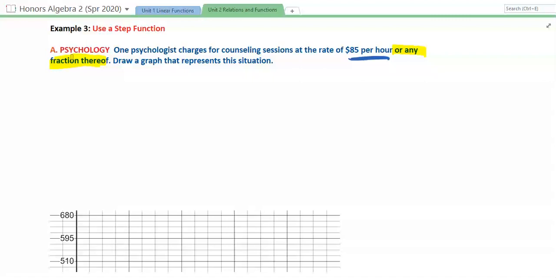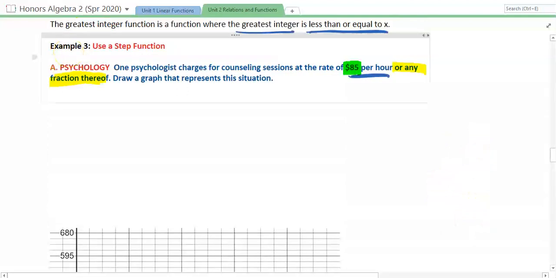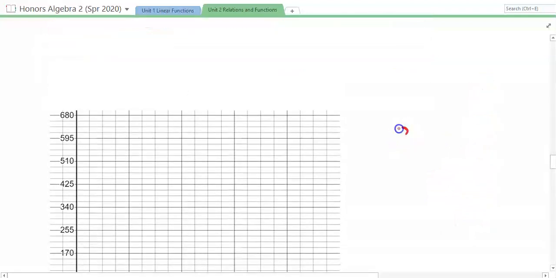What happens here is that if I go for 5 minutes, I'm going to pay the full $85, because it says any fraction of the hour I pay for the full hour. And so as we look at our function down here, we're going to get f of x is equal to, and this is the notation you'll see in the book, this little double barred bracket, kind of like our sets of real numbers and whole numbers and such.